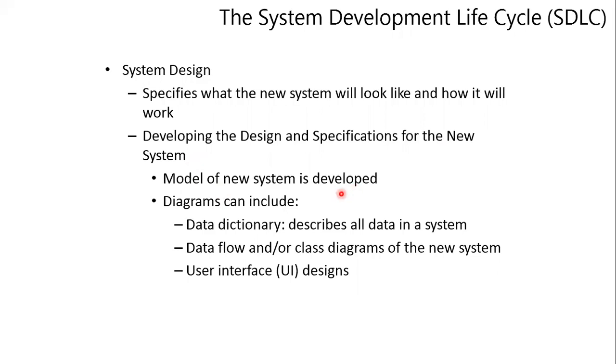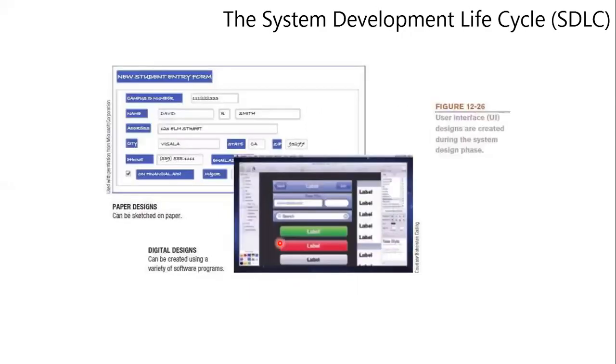Diagrams can include a data dictionary, which describes all data in a system, data flow and or class diagrams of the new system, user interface UI designs, that is, what type of user interface, how you do it so that it will be interactive and attractive for the end users.